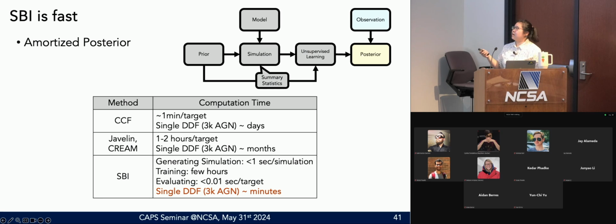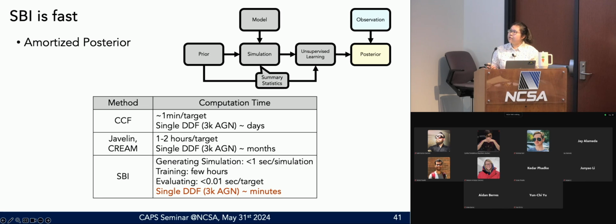You can reuse a trained neural network multiple times. Compared to other methods like ICCF and Javelin, evaluating a whole single deep drilling field will take maybe minutes. So you can really do this evaluation quickly, and also evaluate your light curves on different types of accretion disk models.